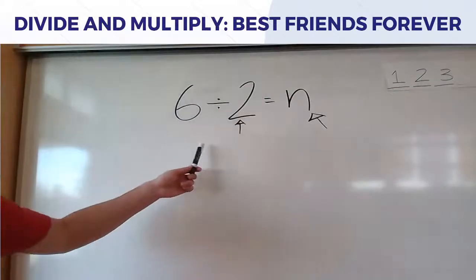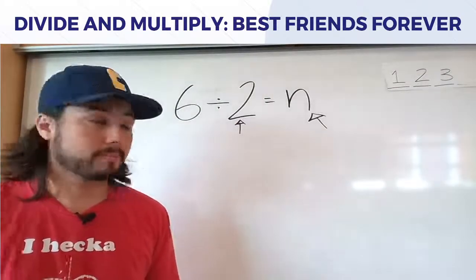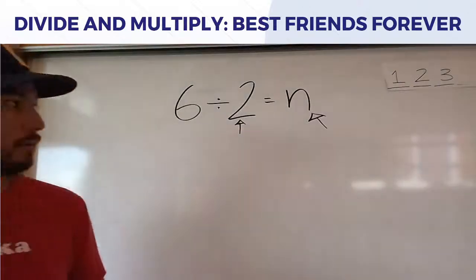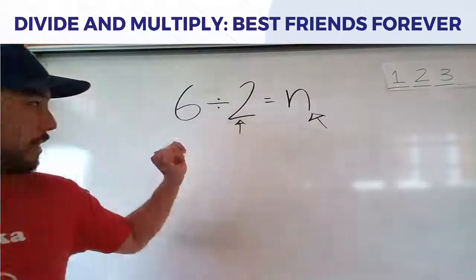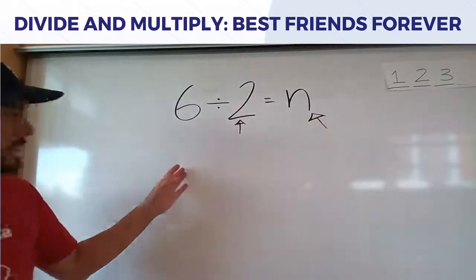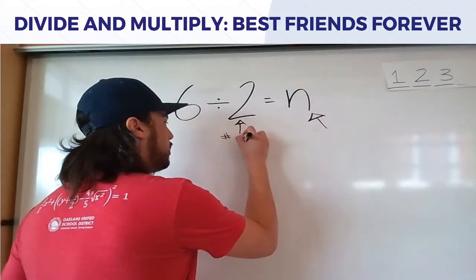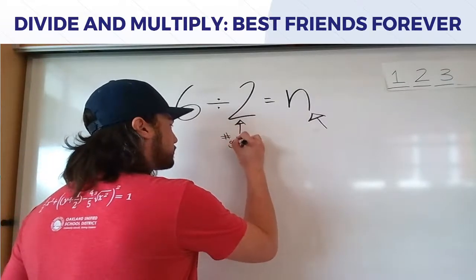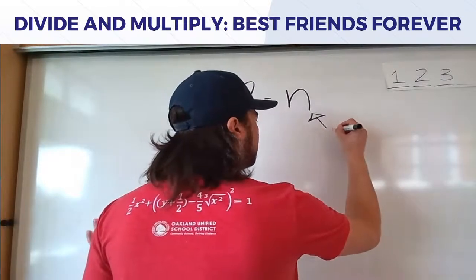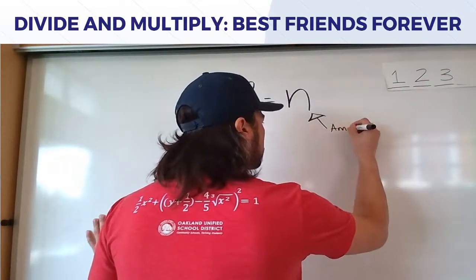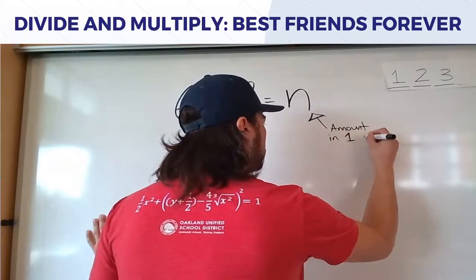6 divided by 2 equals n. We're starting small here, and I bet you can fill in what n is, but again, I'm not worried about it today. So we have our 6 things, and we're dividing them into 2 groups, the number of groups, and then our n here is the amount in one group.